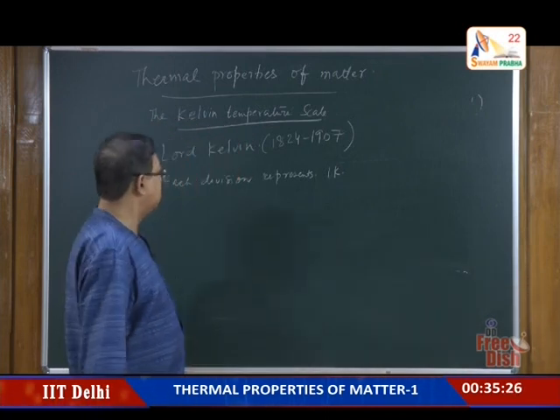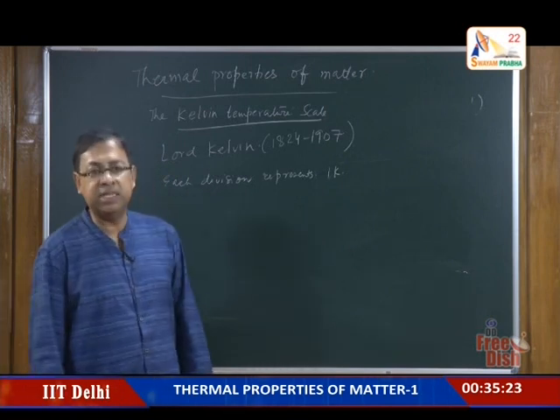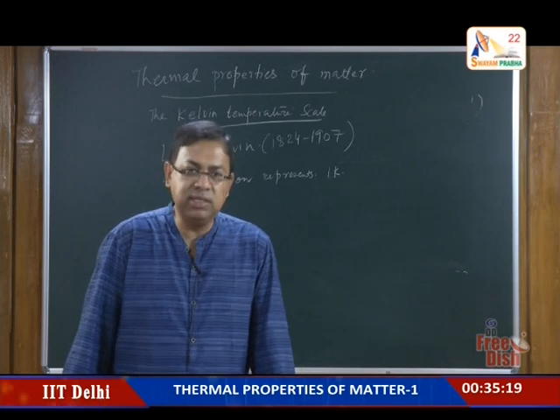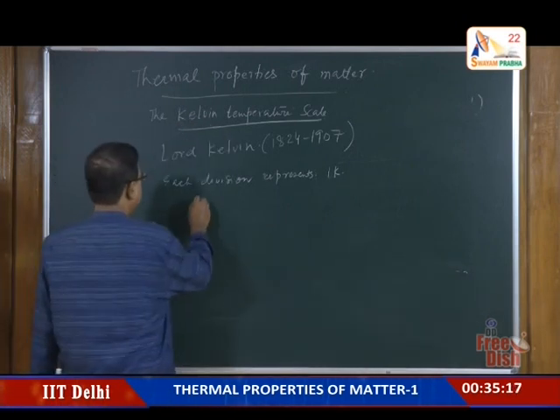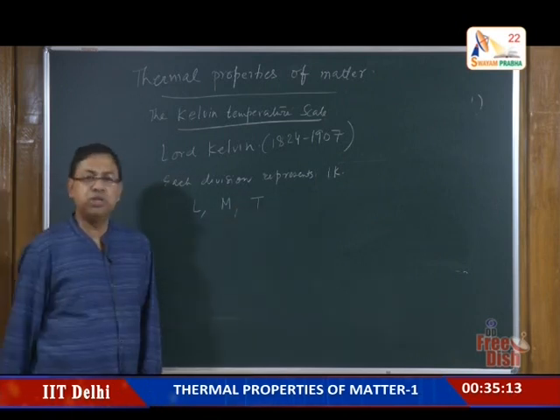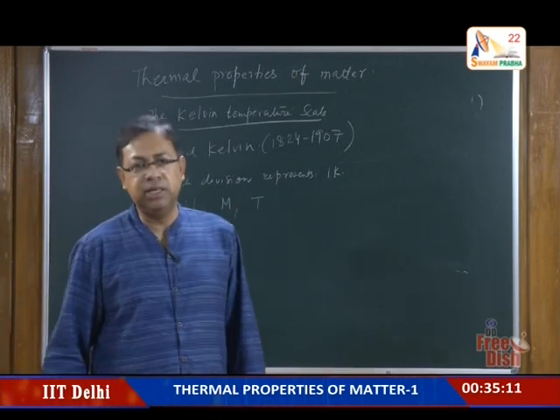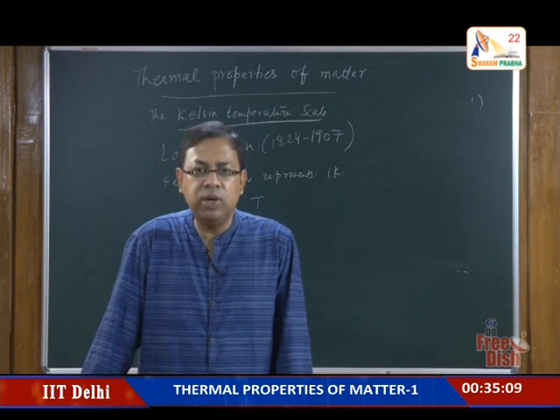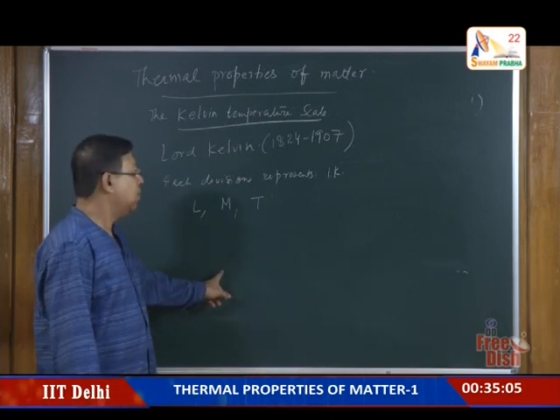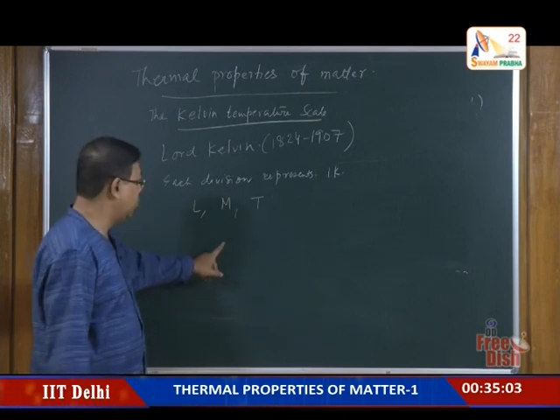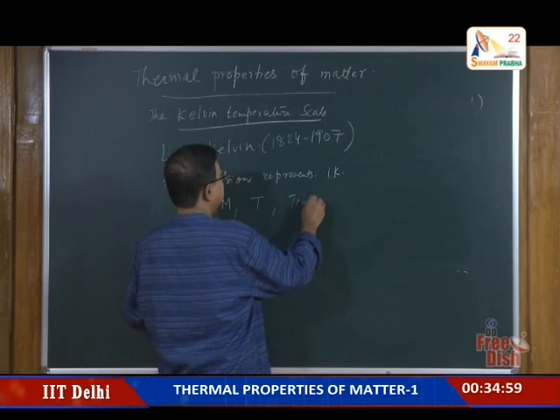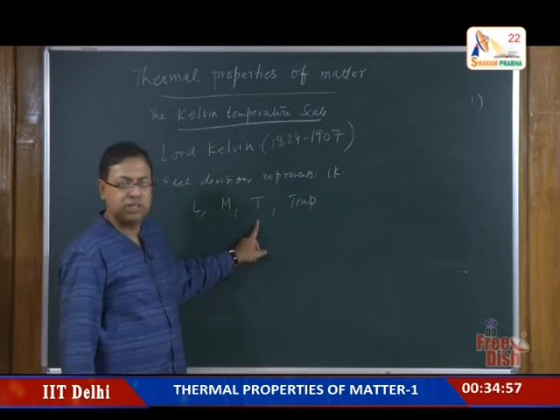And the reason is that in SI units, using the 3 base units of length, mass and time, temperature cannot be expressed. So in the SI system, temperature is taken as a 4th base unit. This T is not temperature, it's time.